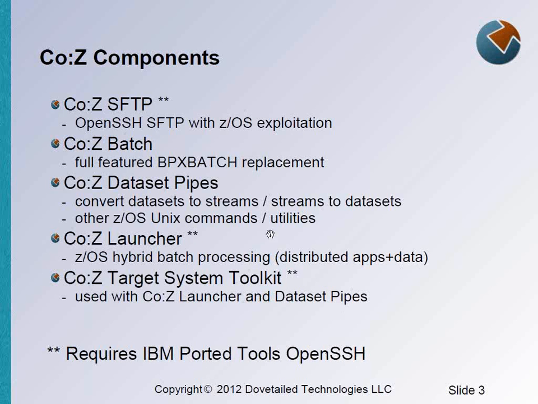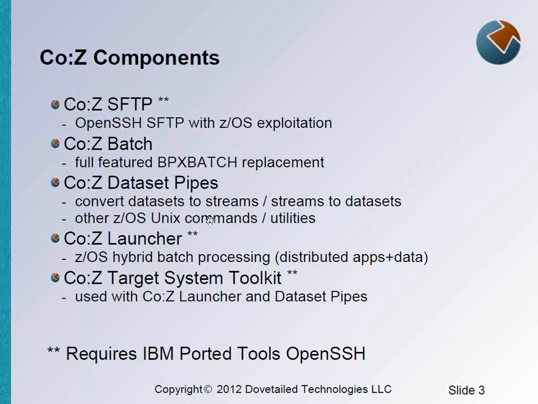That's because in Cozy we don't have our own port of the SSH part of OpenSSH. We do have the SFTP part, and then all of these applications ride on top of SSH. For instance, the Cozy Launcher and Target System Toolkit are used for a new capability called z/OS Hybrid Batch Processing, where you can distribute work from z/OS batch to remote systems.